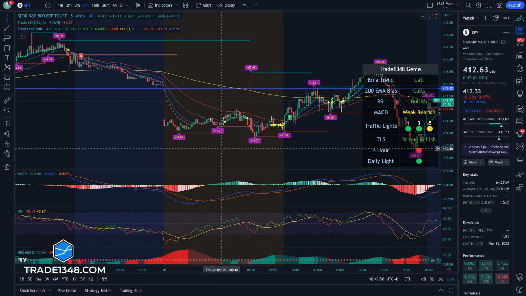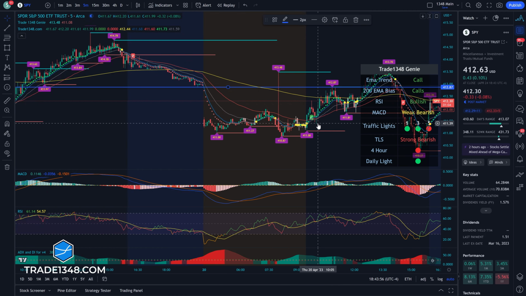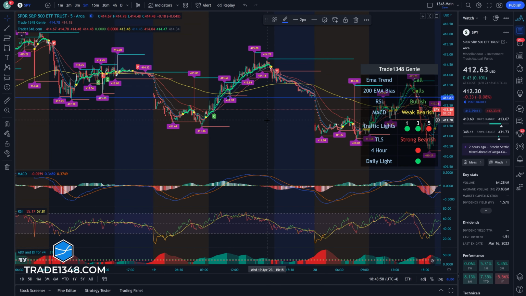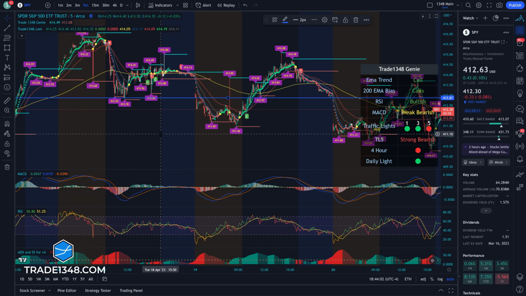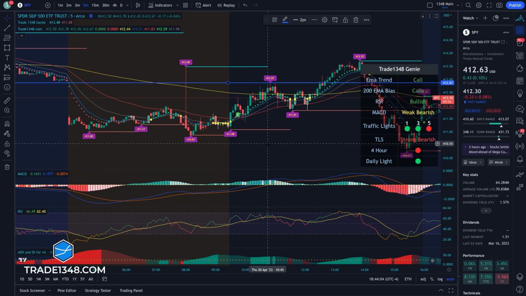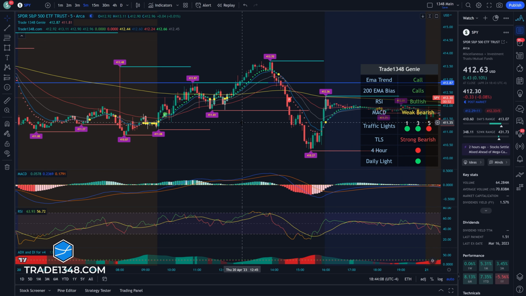Now, a lot of you ask, hey, on the 5 minute, how far out or how far back do you go? And my answer is really simple. I go back almost as many as 5 to 7 trading days to find my level. And this is going to give me context in the trade.